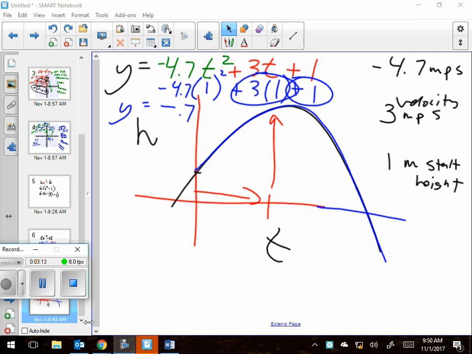So 1 second wasn't here. 1 second was way over here, so that the ball would have theoretically been below 0. What does that mean? The ball was in the air less than 1 second. If you threw it in a wimpy fashion, it might be only up in the air for maybe half a second.